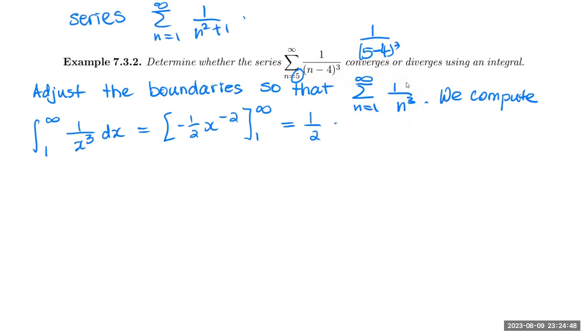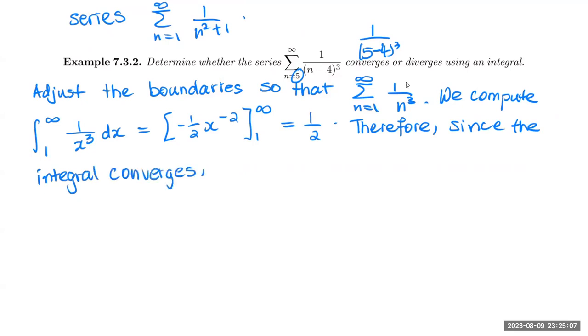Because this integral converges, so therefore the series converges as well.